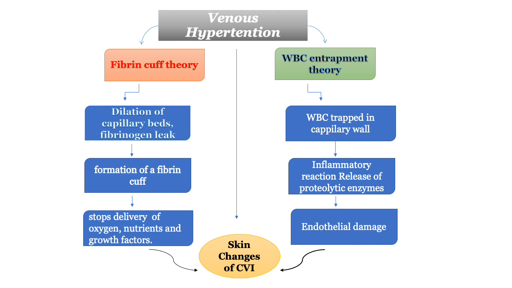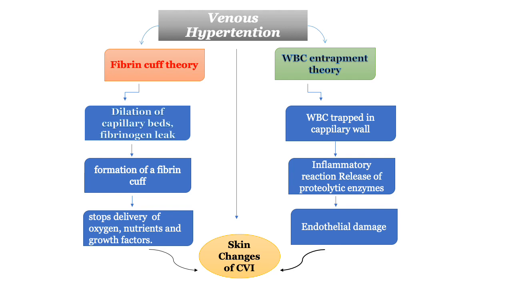There are 2 theories by which venous hypertension will lead to skin changes. First theory is fibrin cuff theory, in which there is dilatation of capillary beds and fibrinogen leak. This will lead to formation of a fibrin cuff. This will stop delivery of oxygen and nutrients and growth factors to the skin and subcutaneous tissue.